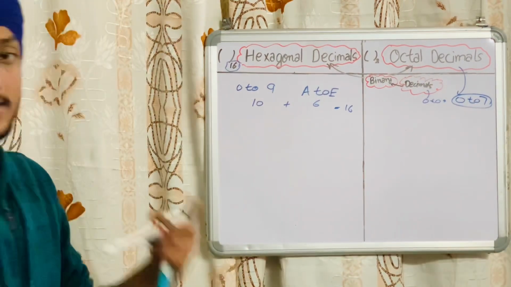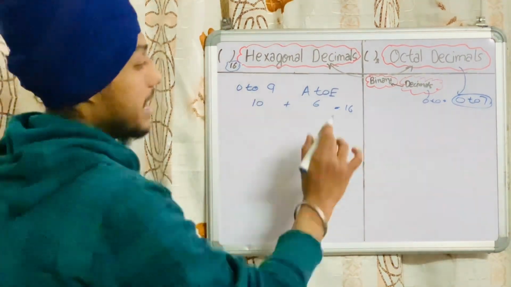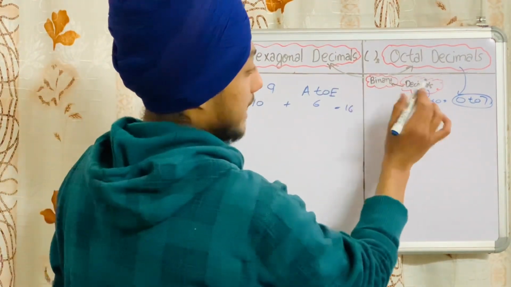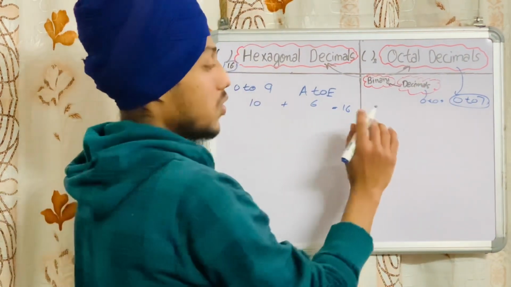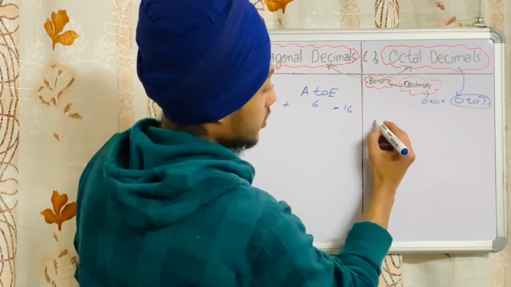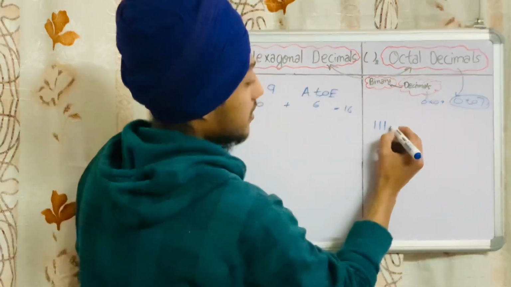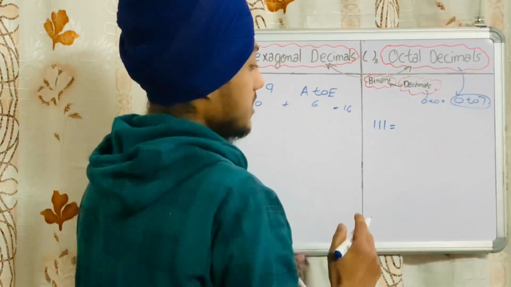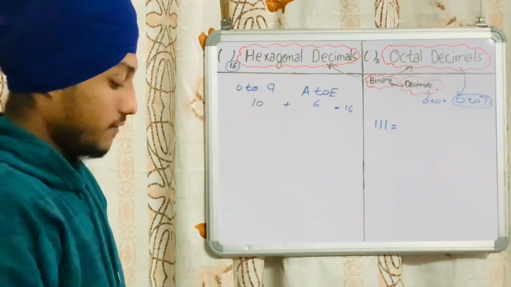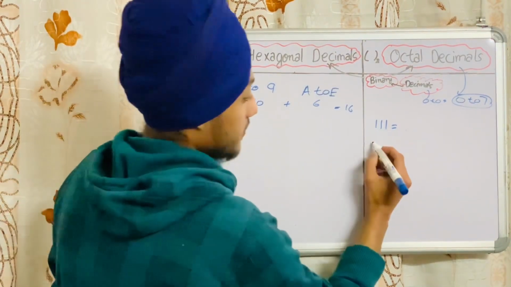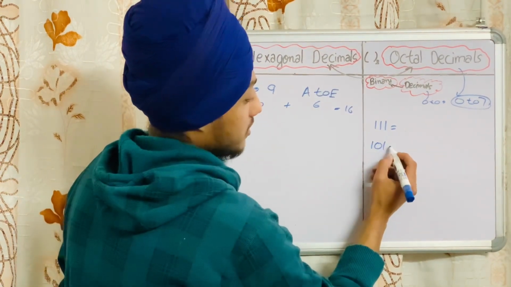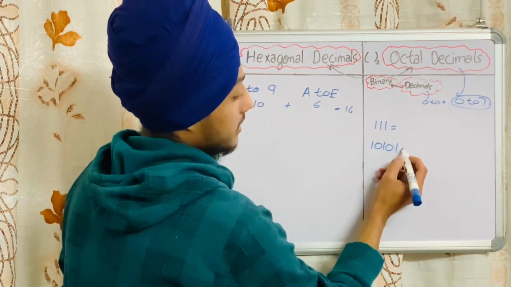So let's discuss the basic concept of converting binary into octal first. For converting binary to octal, we are going to use 1 1 1 as the largest set of binary which we are going to take. For example, we have given 1 0 1 1 1 1.